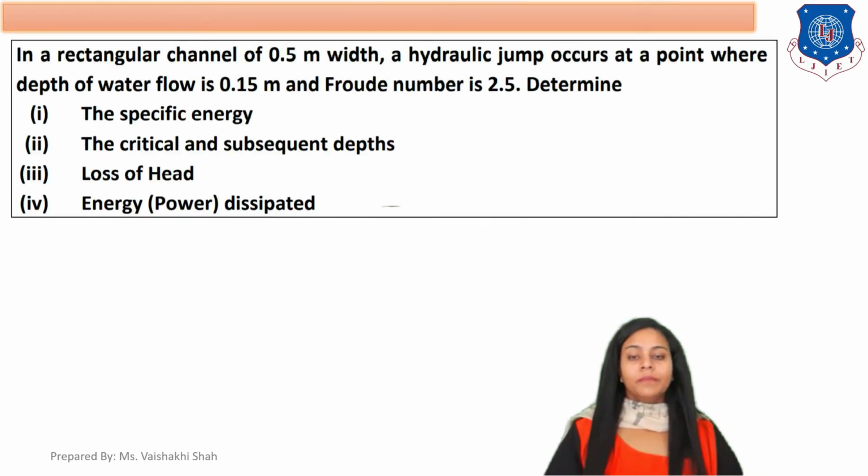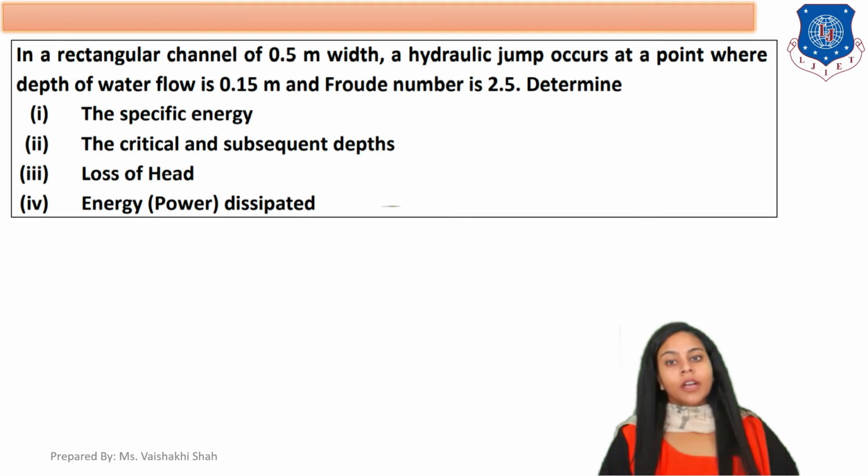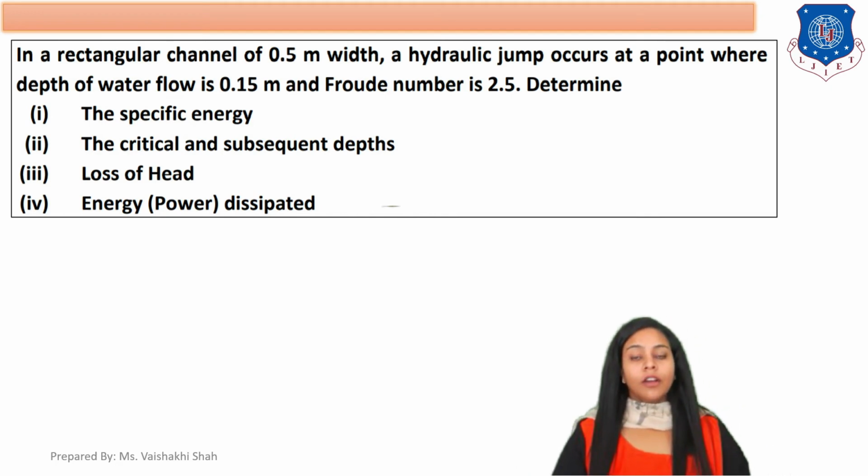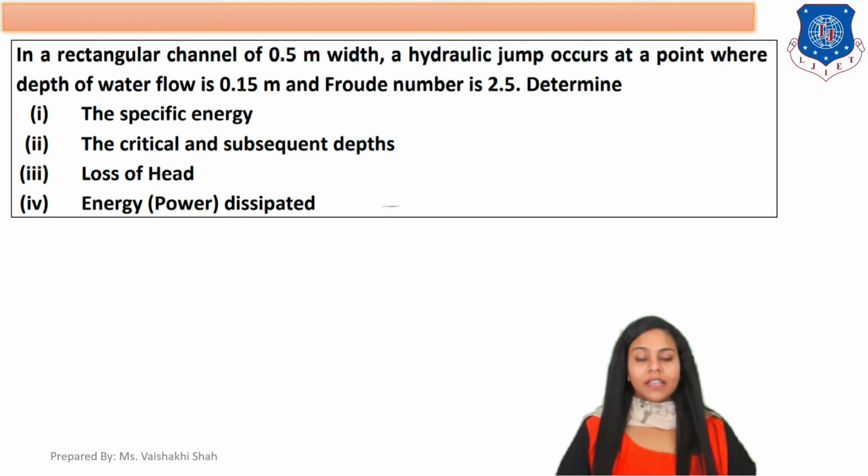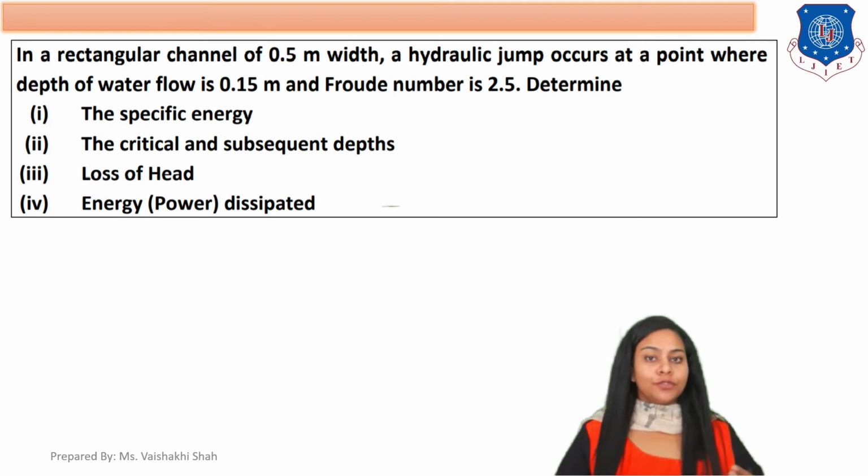Okay. Now we will see an example based on specific energy. So let us start. In the data, a rectangular channel of 0.5 meter width is given to you. A hydraulic jump occurs at a point where the depth of flow is 0.15 meter and the Froude number is 2.5.